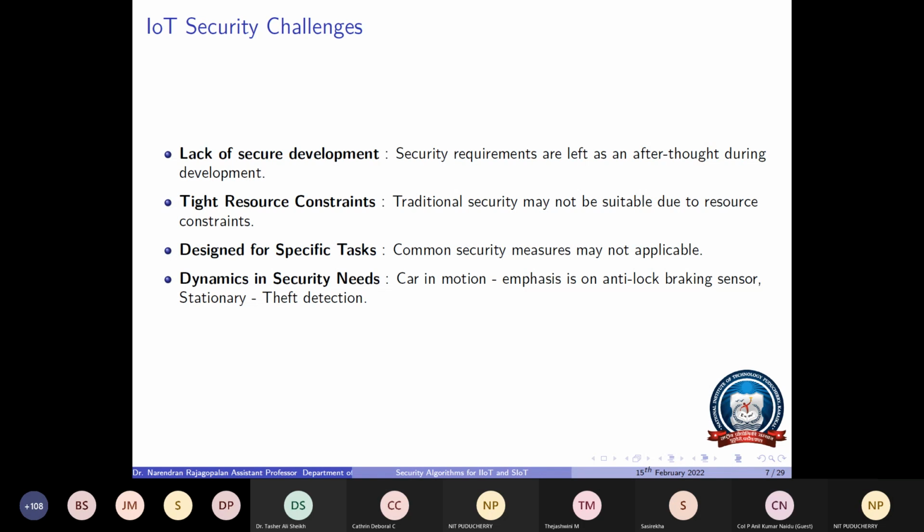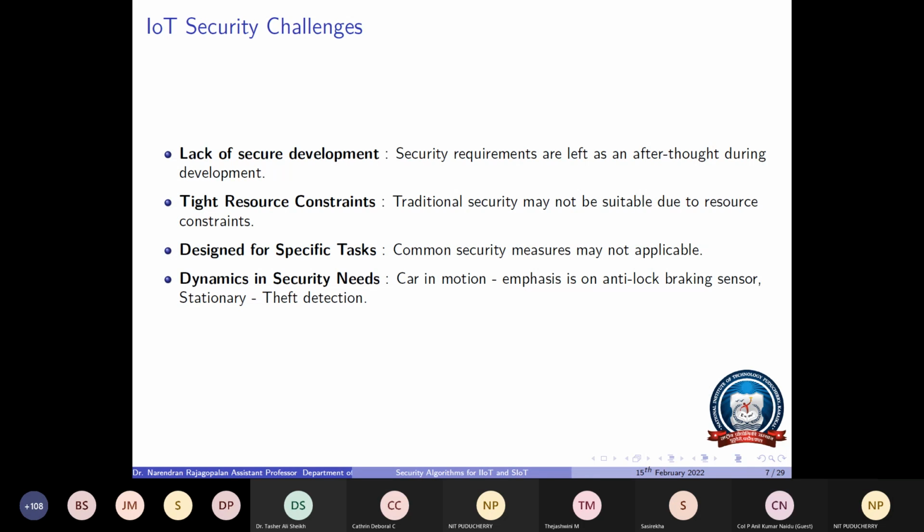That is one challenge. Design: IoT systems are designed for very specialized and specific tasks. Even the security algorithms that we would be discussing today are very generic. But in industrial IoT, we build a generic model and make it specialized for a specific industrial IoT application.